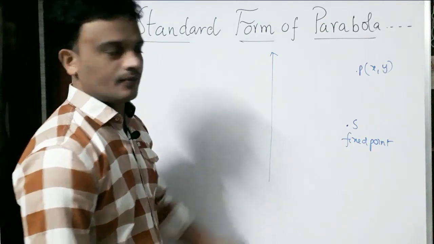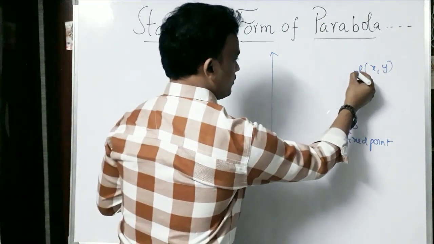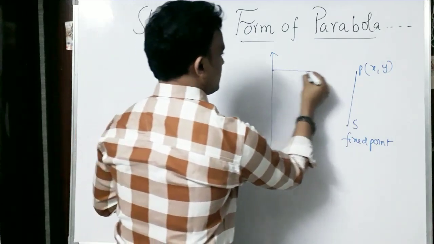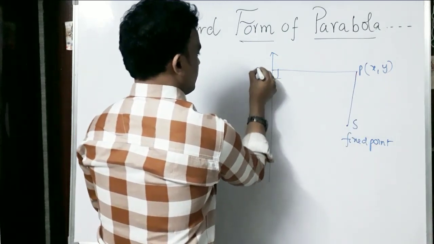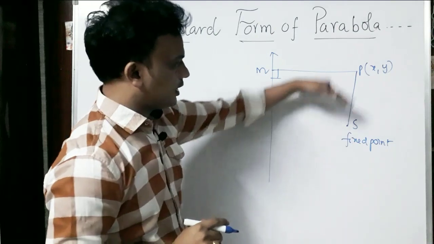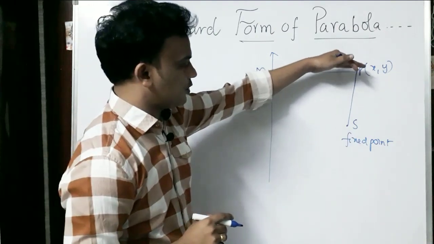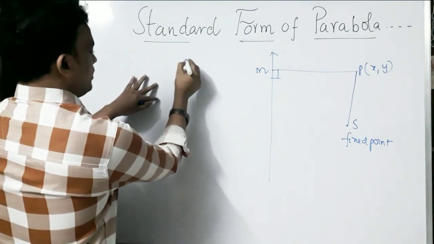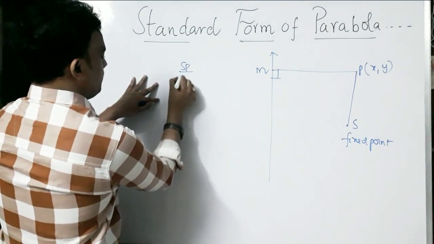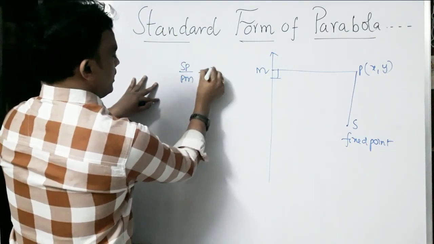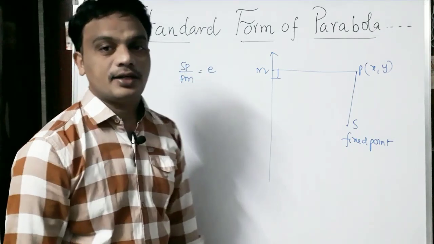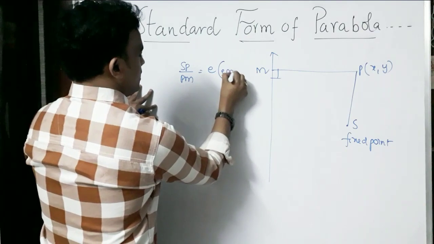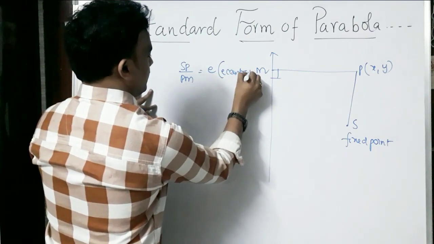The ratio of the distance of the locus point to the fixed point and to the fixed line, that ratio I am going to write as SP by PM. This ratio is known as eccentricity, which is denoted by E. What is E? E means eccentricity.